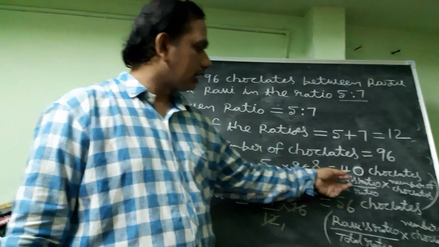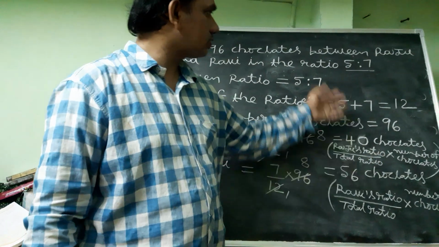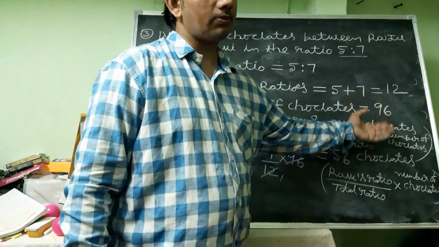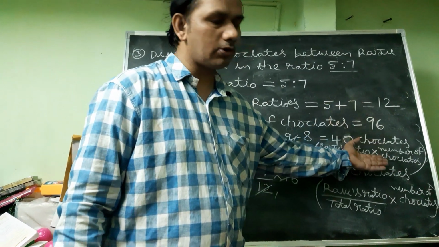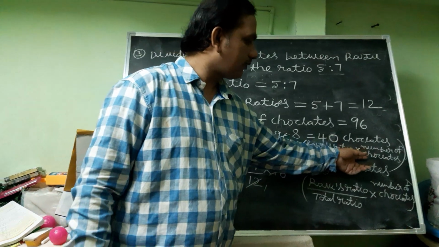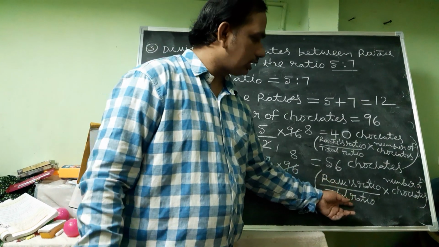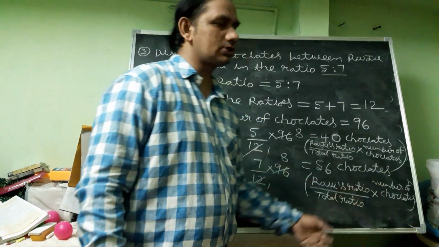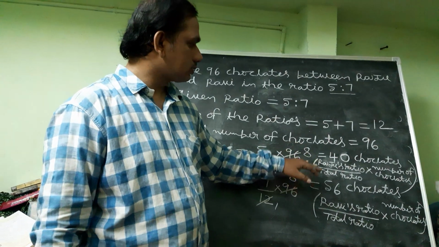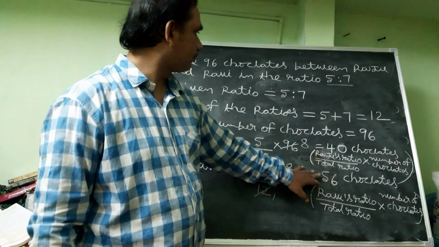Raju's ratio by total ratio, and number of chocolates or total amount of money. You will solve using the formula. Here also, Ravi's ratio by total ratio into number of chocolates. You will solve the problem very easily. So this formula is only for understanding the problem.